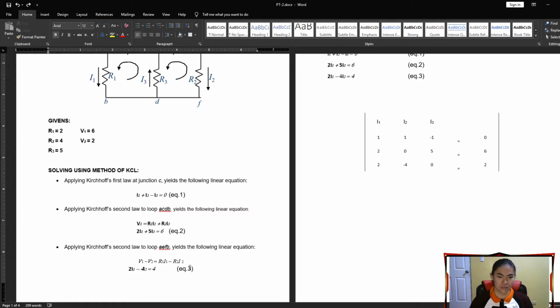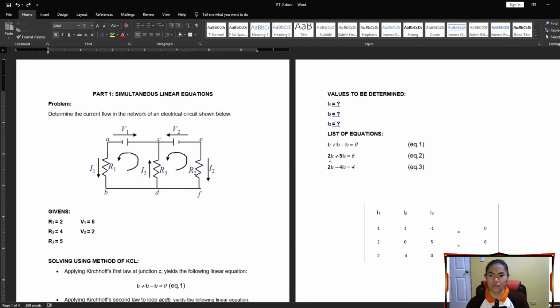And yun yung ating maging final equation, which is, ito na yung ating equation 3. Ganun rin pala sa ating equation 2. Sinubstitute ko dito yung values na meron dito sa ating givens para ma-simplify pa natin siya at mas madali siyang masasolve.